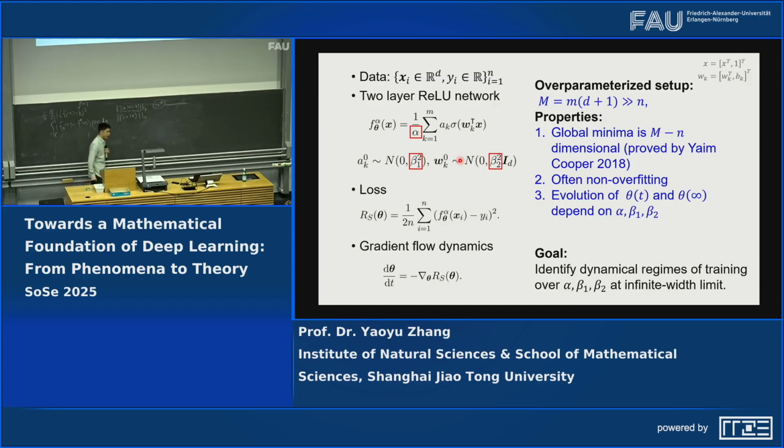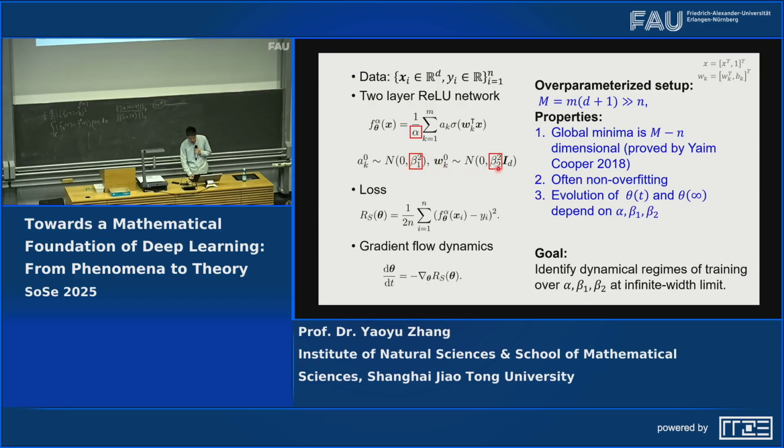Let me tell you about the neural tangent kernel regime. There is one way to induce neural tangent kernel behavior, which is lazy training. How do you do that? For all these A, W, you initialize with some order 1 value.